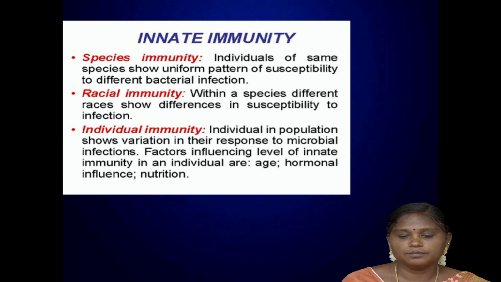Then individual immunity means the individual in a population. In a whole population, individuals show variation in their response to microbial infections. Someone will be affected by a bacteria, someone by a virus, like that. So the individual responds to specific pathogens.